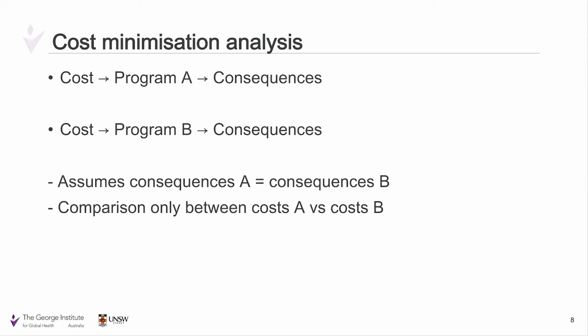This is something that we can occasionally assume. For instance, if we're doing an evaluation of two drugs, one might be a generic drug and the other one might be a brand name drug, the same active ingredients, we may be able to then make the assumption that the outcomes of the two interventions are going to be the same, and therefore the comparison is really just going to be on the basis of costs.